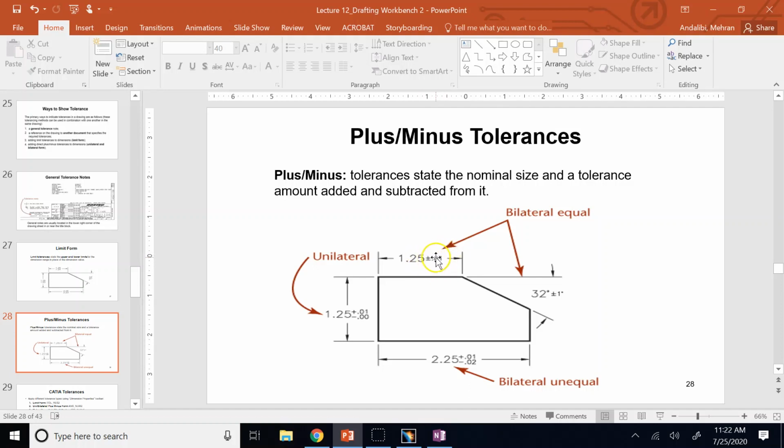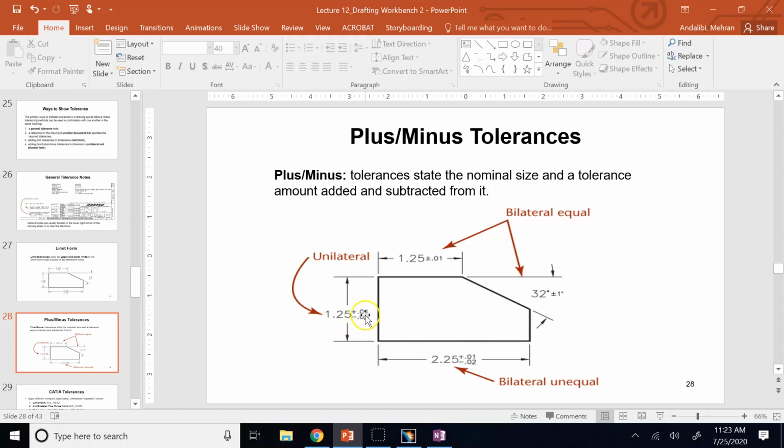So we say it's bilateral, meaning your final dimension can be bigger or smaller than the nominal. Bilateral, you can go either way. But the maximum amount of deviation either way is the same. So it's called bilateral equal. If the amount of positive and negative are different, we call it bilateral unequal, and sometimes it's unilateral.